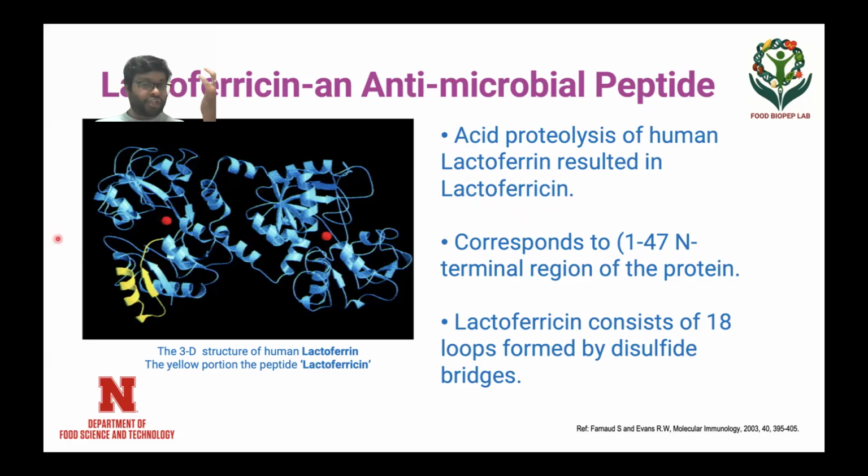This is the structure of lactoferrin, and you can see this yellow portion here, which is lactoferricin, corresponding to the 1 to 47 terminal region of this protein. Lactoferricin consists of a loop formed by disulfide bridges. So it's a pretty big peptide with this complex structure. Remember, the previous two peptides, VPP and IPP, are tripeptides, only 3 amino acids, right? But this one is much bigger and has a much more complex structure.